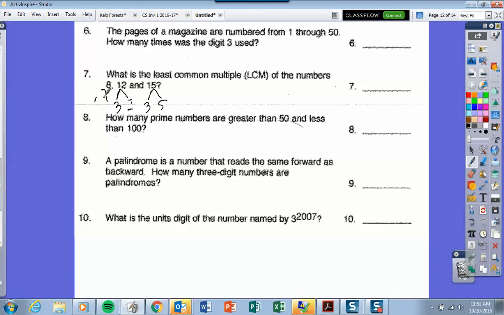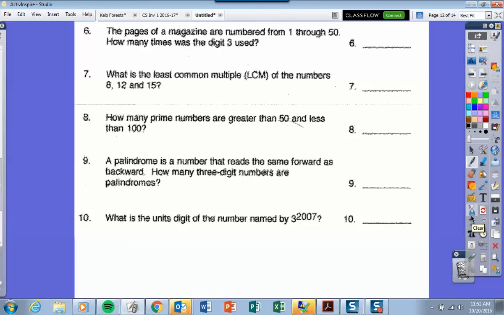And then over here I know that I can go 3 and 4, and I can go 4 and 2. Because I have the 3s multiple times, I don't need those. The 4s, I only need 1. So I could go 4 times 2 times 3 times 5. And that'll also get me 120.